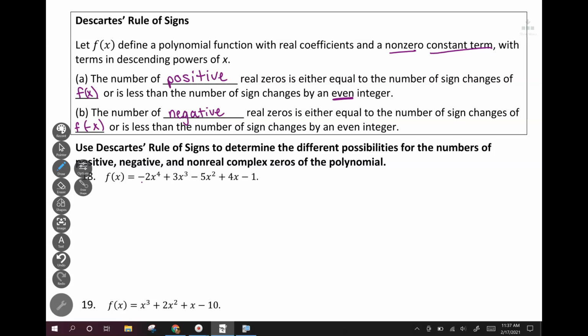So we start out with a negative here, and then as I move from one term to the next, the sign changes from positive to negative. So that's one sign change, and then we go from positive to negative here, so that's 2, negative to positive 3, positive to negative 4. So there are 4 sign changes.